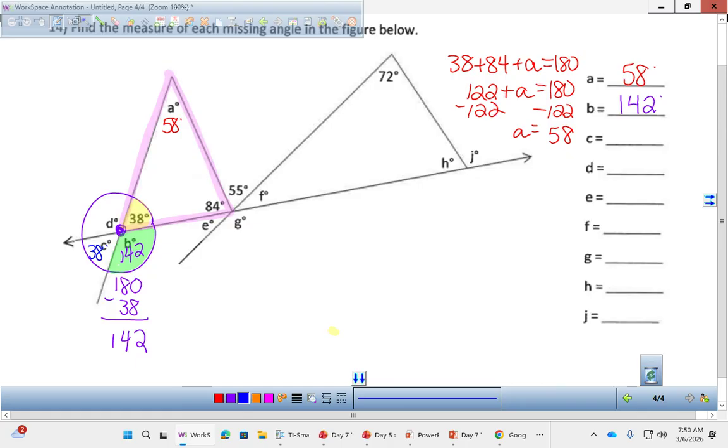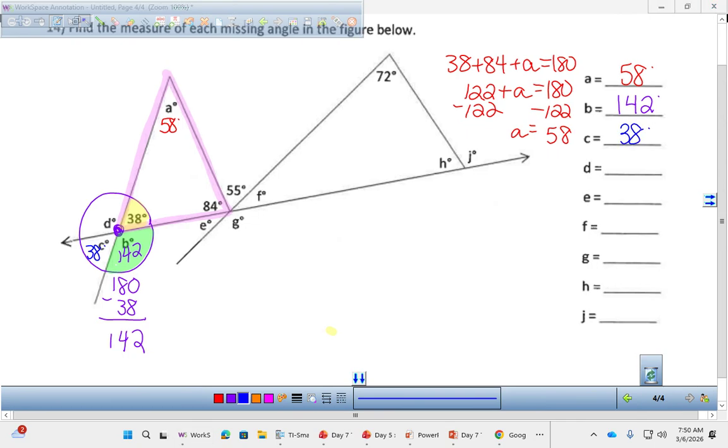So wouldn't C have to be 38 as well? Because they're vertical, so this is 38. All right, and then if this one's 142, then wouldn't this one have to be 142 as well because vertical angles are equal? So that gets me here, right? Anybody have questions on that part?